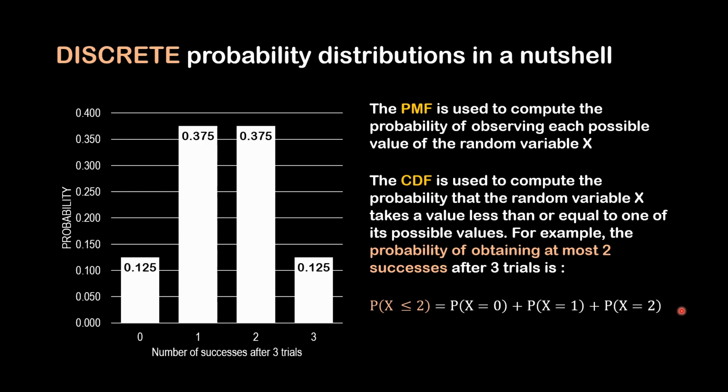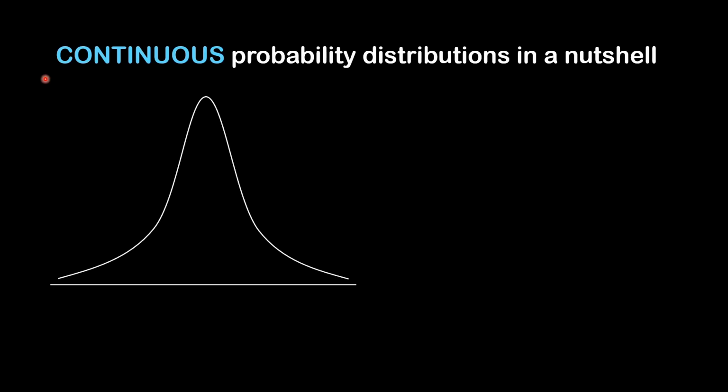Note that I'm adding up these probabilities because these are mutually exclusive events, but that's not always the case, as you will see in a future video when we tackle conditional probabilities. And in this example, the probability of x being less than or equal to 2 is 0.875.